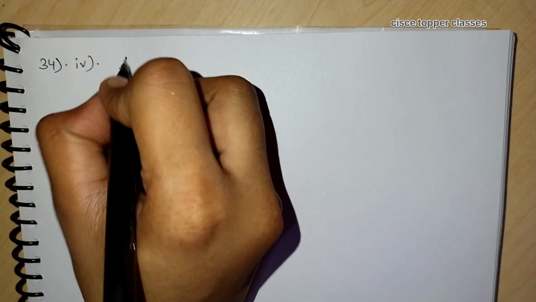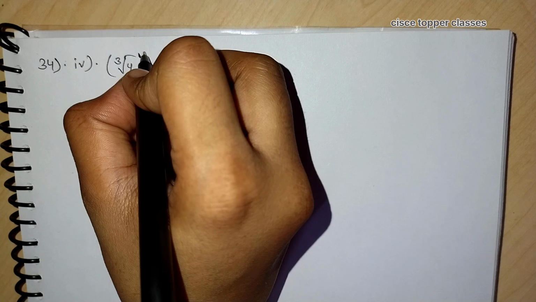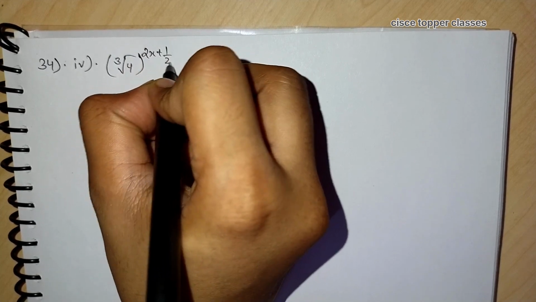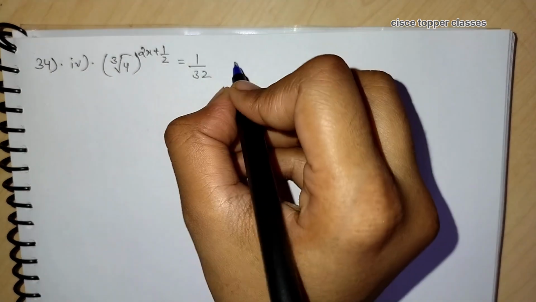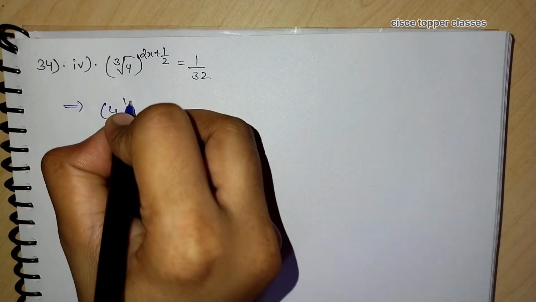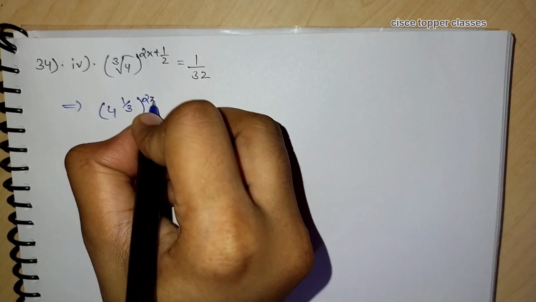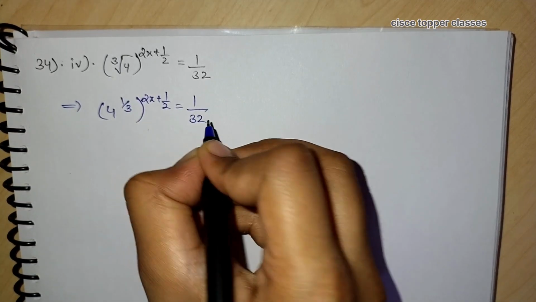Now let us solve the 34th question, fourth part, which is (4^(1/3), meaning cube root of 4)^(2x+1/2) equal to 1 by 32. So here we can write this part as (4^(1/3))^(2x+1/2) equal to 1 by 32.